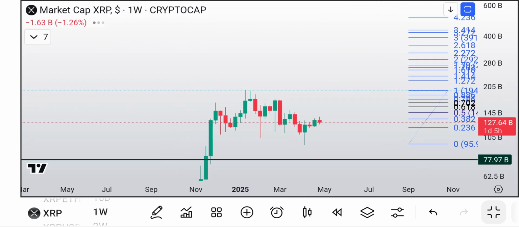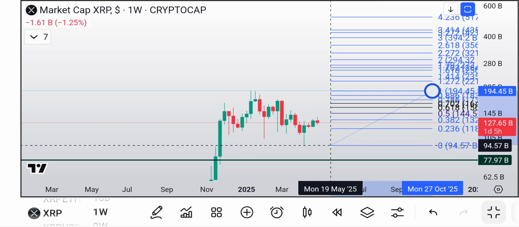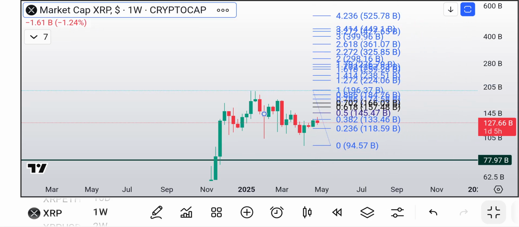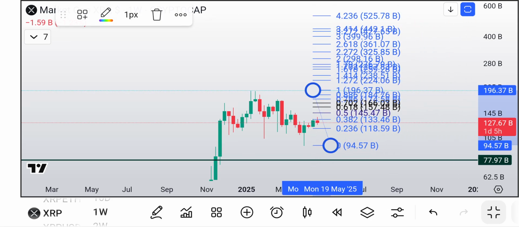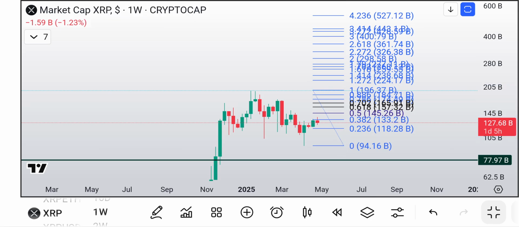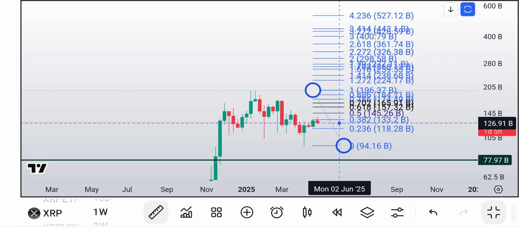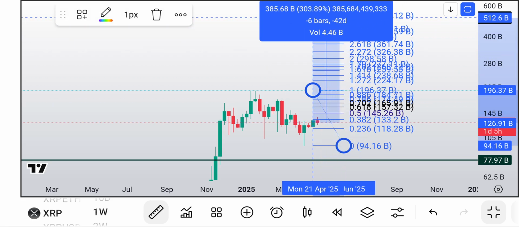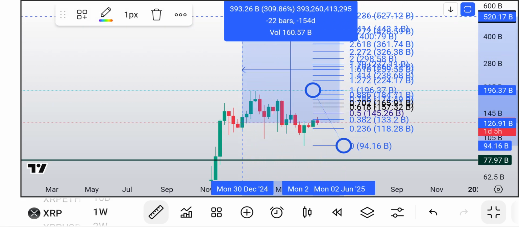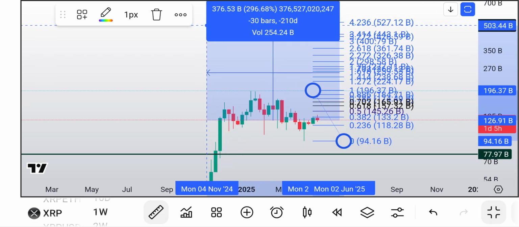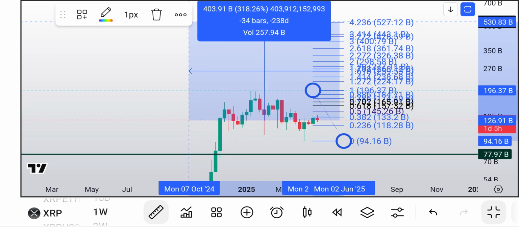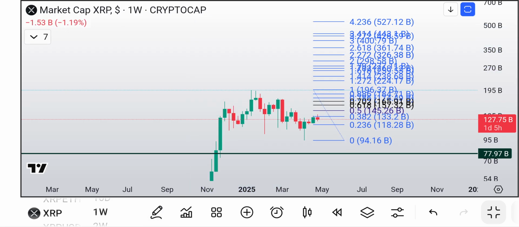Let's zoom in. There we go. Or is that 520, 527? I don't care about that. I care about the percentages. Let's go up to about, if I can see, that's about 300% or so, a little bit more.